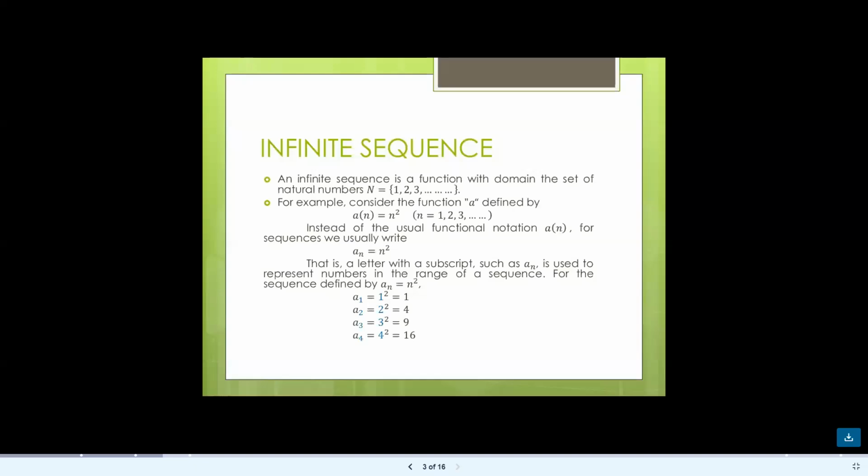The input or the domain is a set of natural numbers, 1, 2, 3, 4. And it seems as though each term of the sequence is obtained by squaring the natural numbers. You square 1, you get 1, square 2, you get 4, square 3, you get 9, and so on, right?